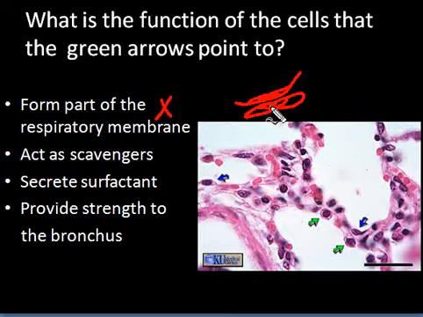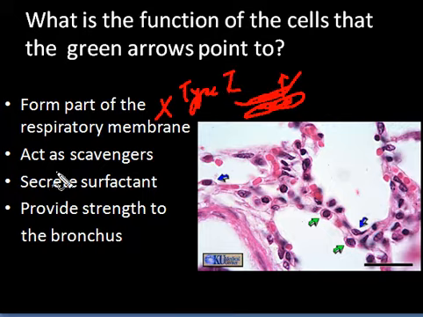So the two basement membranes fuse. So therefore the membrane is very thin, so that gas can pass through and exchange can occur. So therefore the green arrows do not point to a cell which forms part of the respiratory membrane. The blue one does that, and those are the type 1 cells.